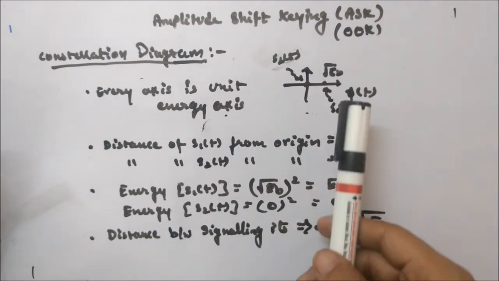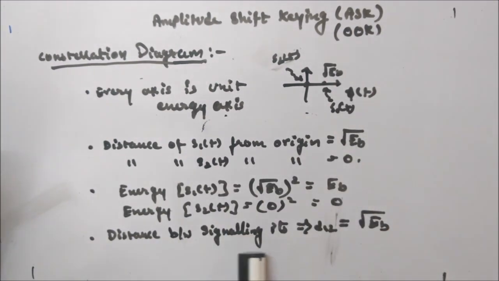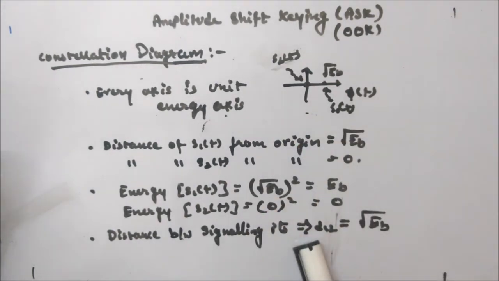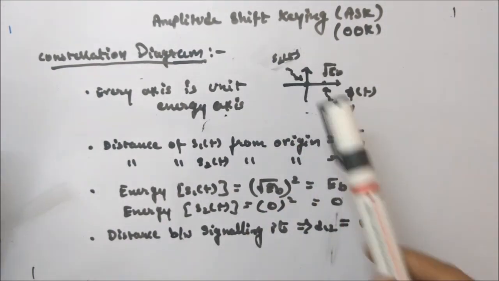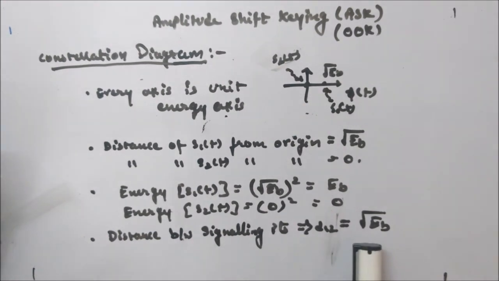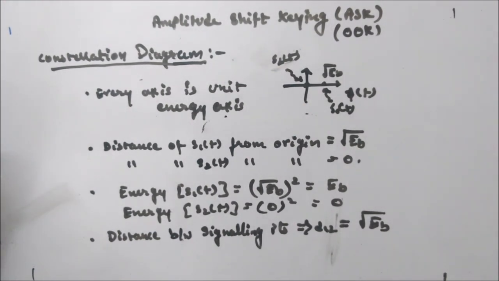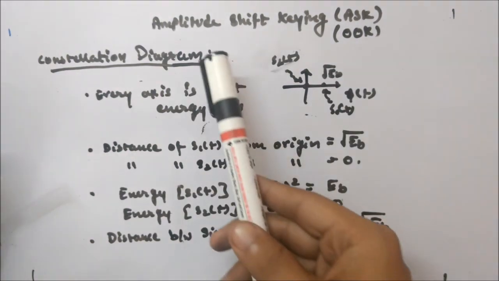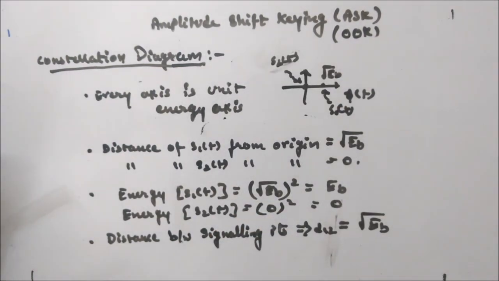Now there is another advantage of the constellation diagram, that is the distance between the signaling points. Your signaling points are S1t and S2t. If you calculate the distance, in this case it is under root EB, and that is represented by D12. This is helpful in calculating the probability of error. These two parameters, energy and the distance between signaling points, can be calculated, and they give almost all the knowledge about the digital modulation technique.